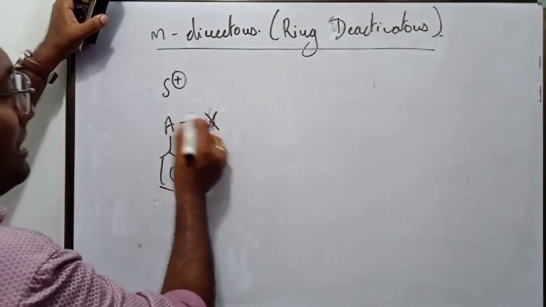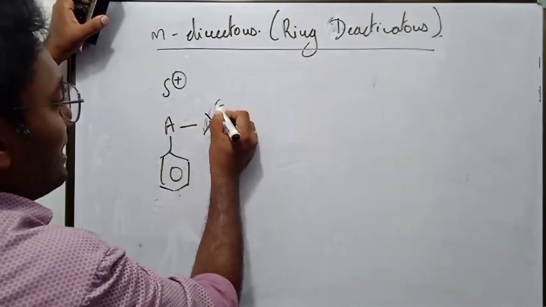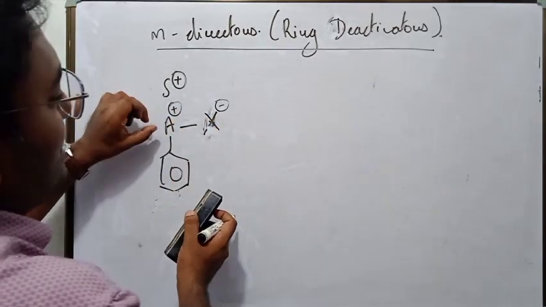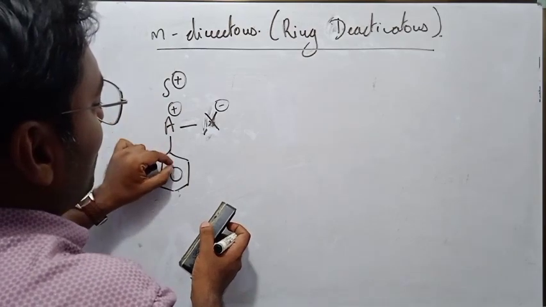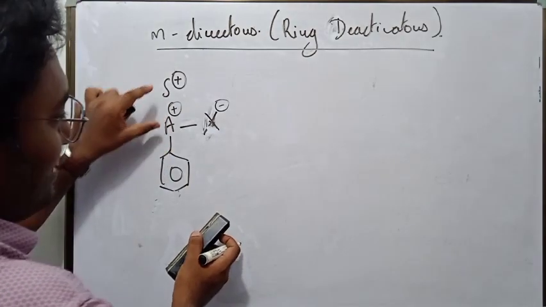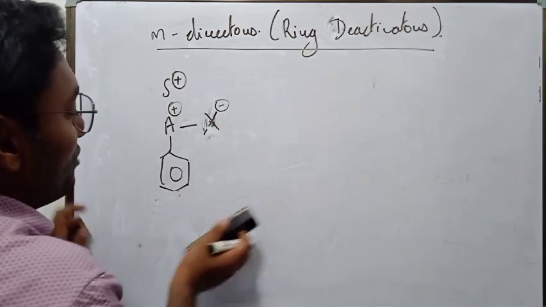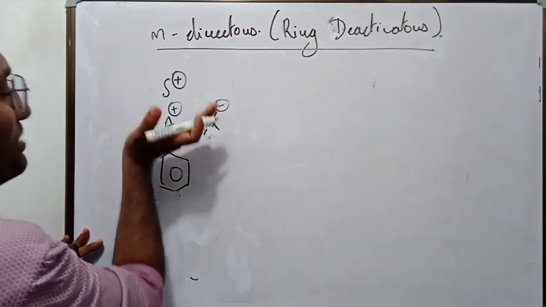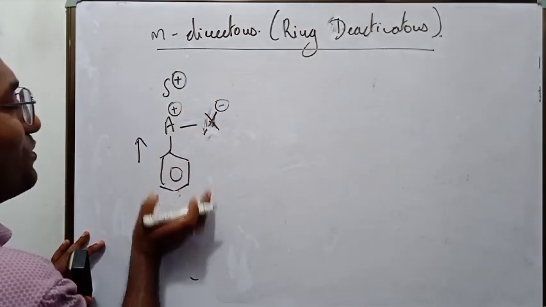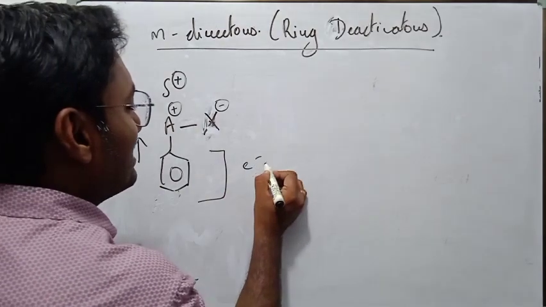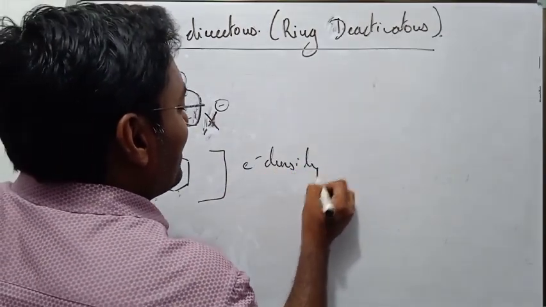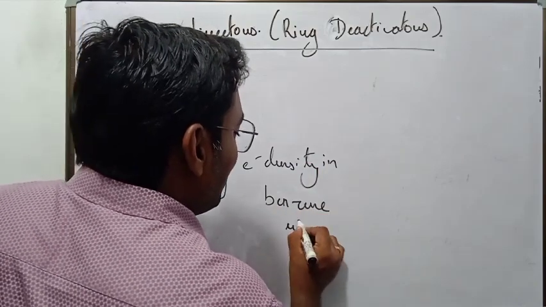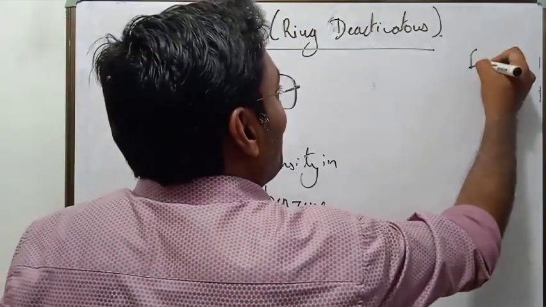In this case also, the electronegative atom would take the electron and the key atom would become positive. So overall, what we mean to say is that the atom attached to carbon of benzene ring should be positive, correct? So if it is positive, what would happen? It would try to withdraw the electrons of the benzene ring towards itself. So that would decrease the electron density in the benzene ring, right? If electron density in the benzene ring is decreased, then do you think the electrophile would come eagerly?